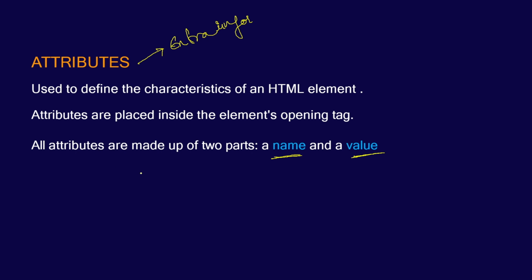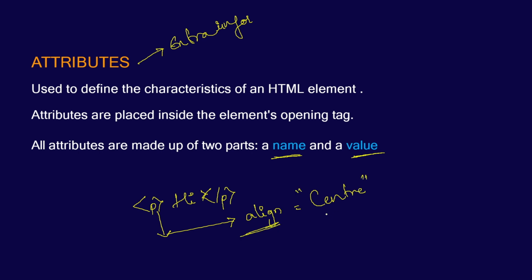For example, if I have a paragraph with "hi", and this paragraph should be in the center, and I want to give certain extra information to align it in the center, then I'm going to add that particular attribute here in the opening tag of that element. So I'll write align equals center.